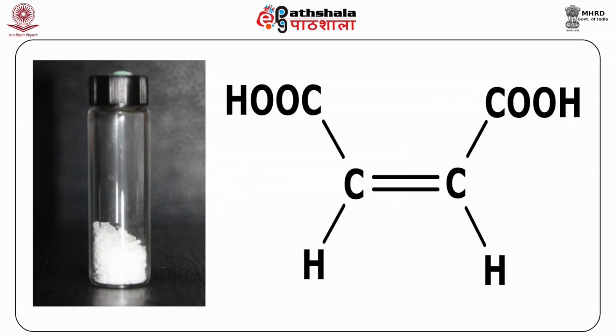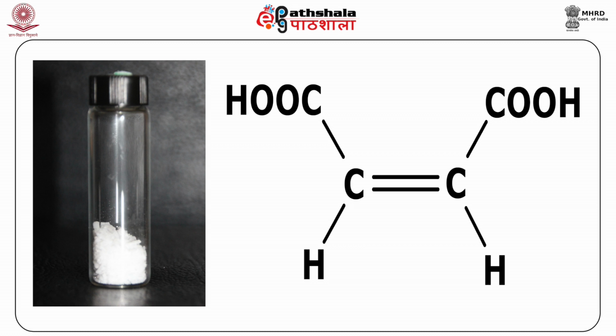Now, maleic acid or cis-butenedioic acid is an organic compound that is a dicarboxylic acid, a molecule with two carboxyl groups.